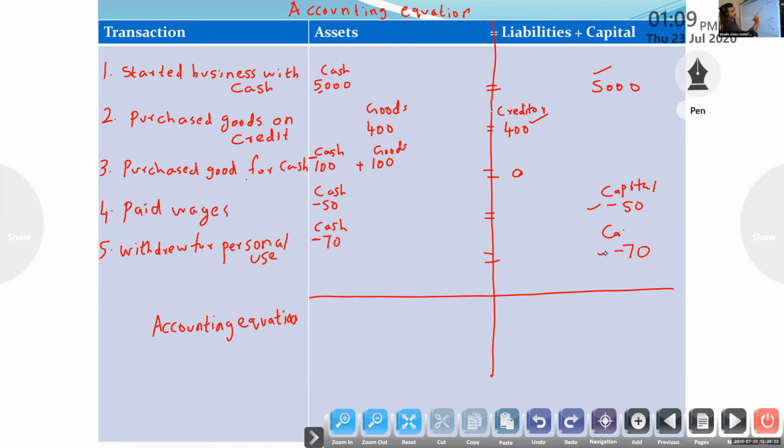So 5,400 minus 120 is equal to 5,280, is equal to 5,080. Over.